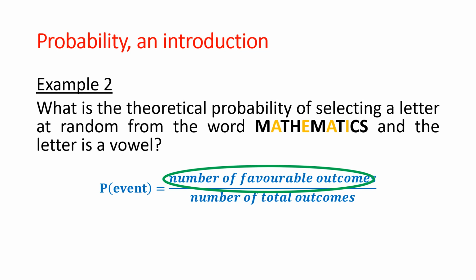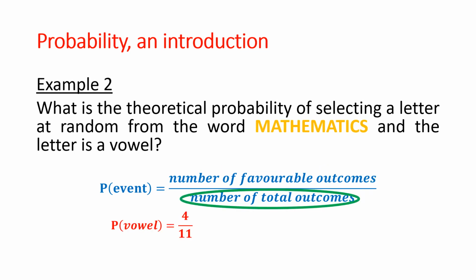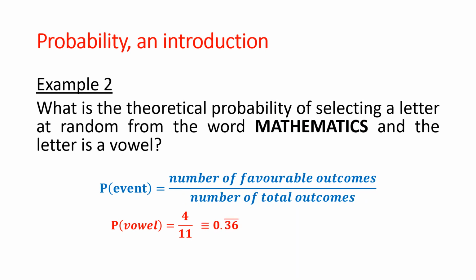There are 4 vowels in the word mathematics, and there's a total of 11 letters in mathematics. So we could write it as a fraction, 4/11. Now that can't simplify down, but it can be converted into a decimal, top number divided by bottom, and it can be multiplied by 100 to get 36.36% if I rounded to 2 decimal places.